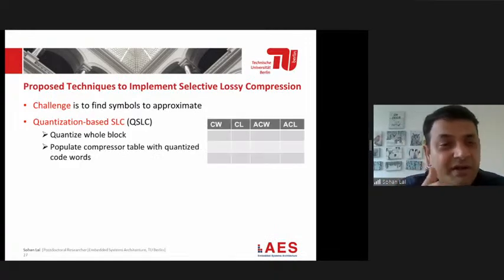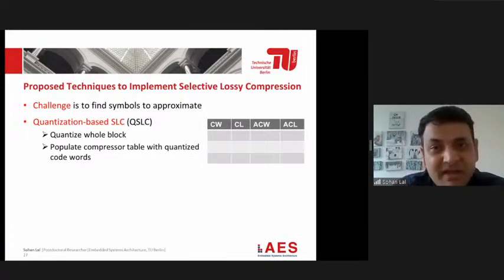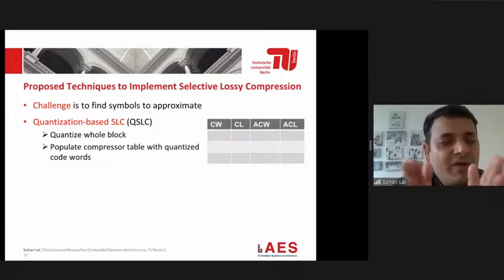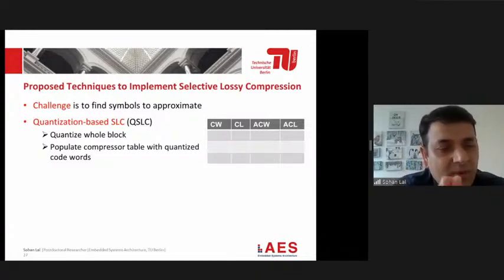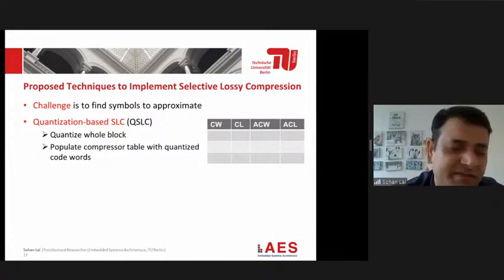Since it was not trivial to find which symbols to approximate, in one of the simplest techniques, when we figure out that a particular block has a few bytes above memory access granularity, we quantize that whole block using simple quantization.